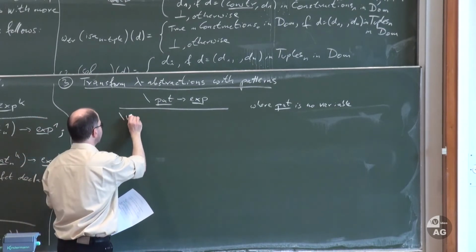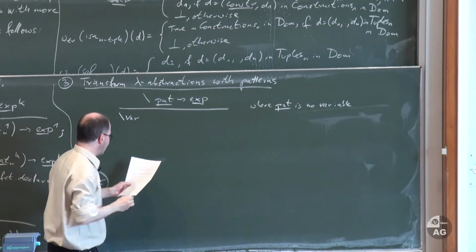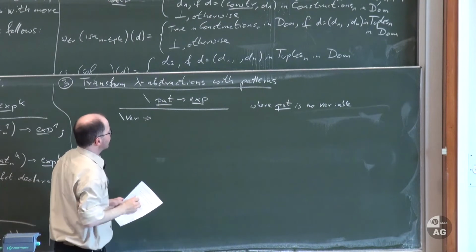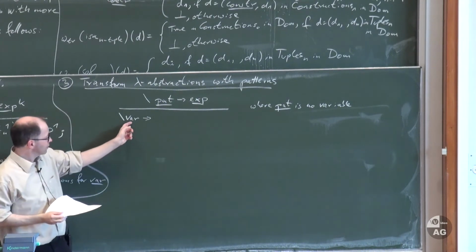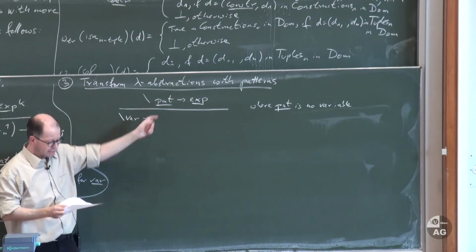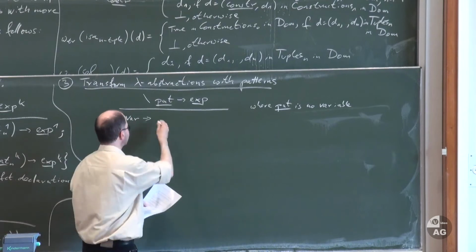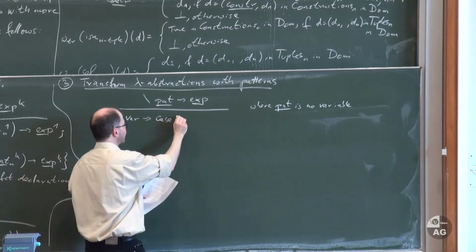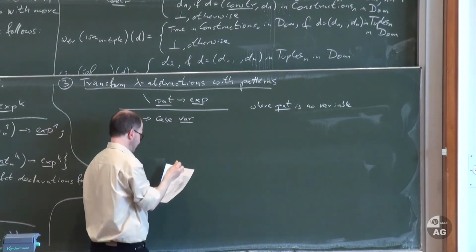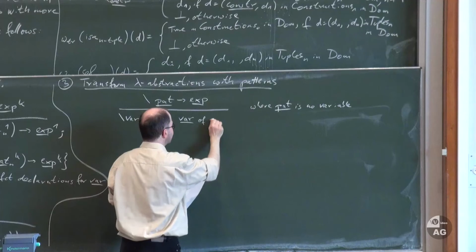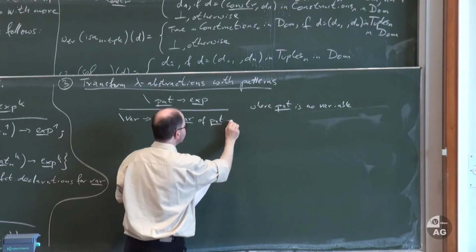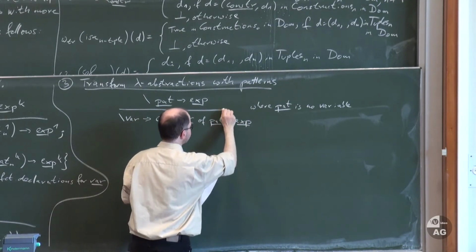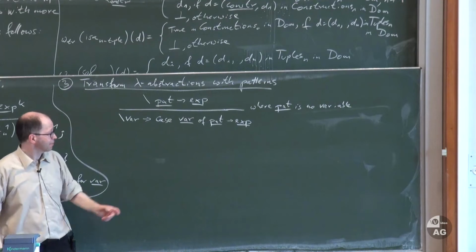So we could say, well, this is the function that takes an arbitrary variable. And now we check whether the argument here is matched by this pattern. And we can do this by a case construct. So we could say, if this variable is matched by this pattern, then the result is exp. And this does the same thing.